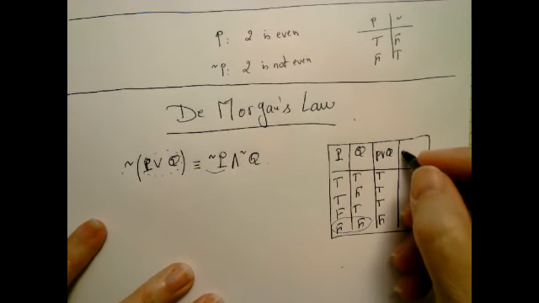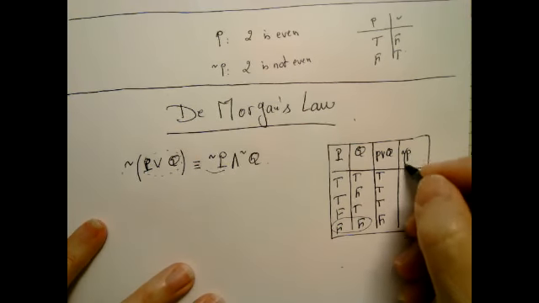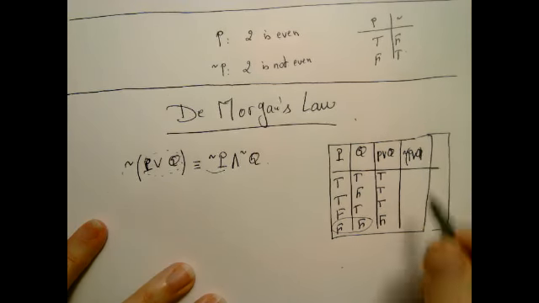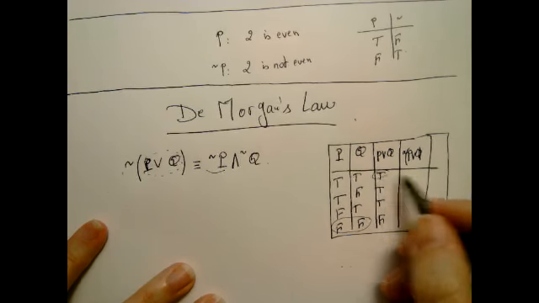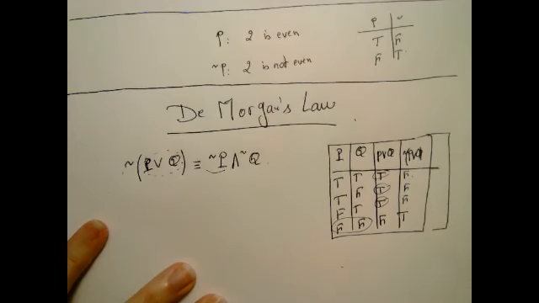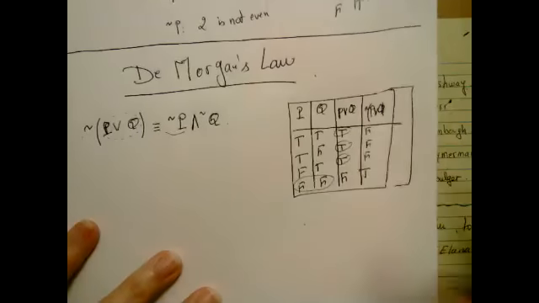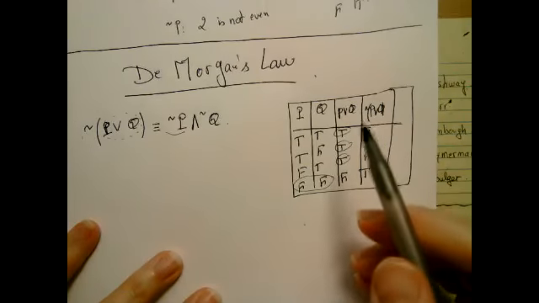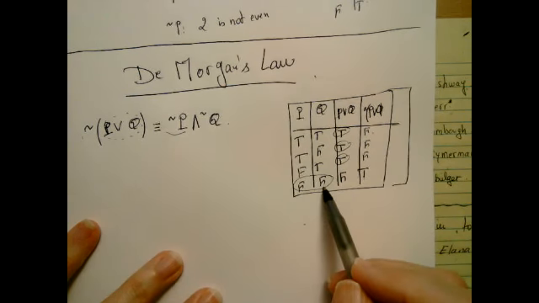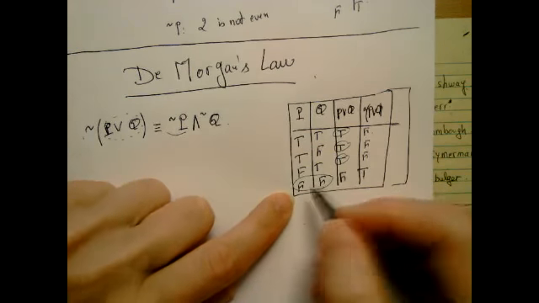So the negation of the whole thing, P or Q, is going to be false, false, false, true. So the negation is true exactly in one scenario. The negation is true when P and Q are both false.